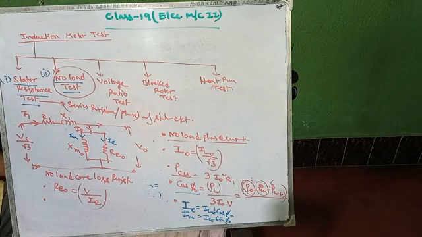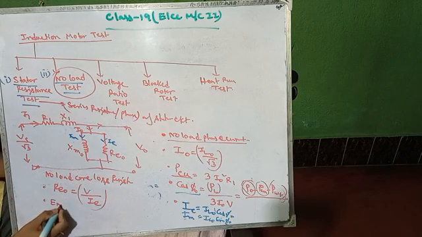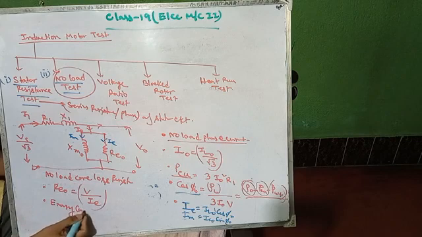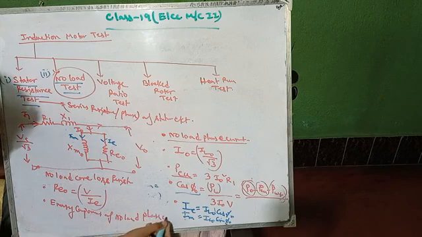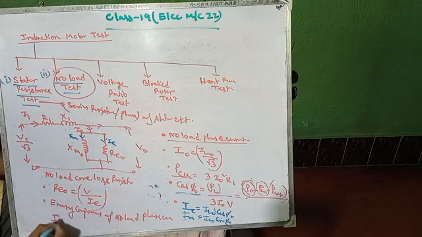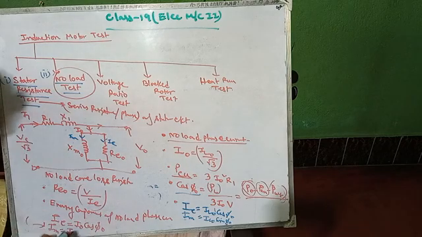And next, the energy component of the no load phase current, that is IE equals I naught cos phi naught, and similarly the magnetizing component IM equals I naught sin phi naught.